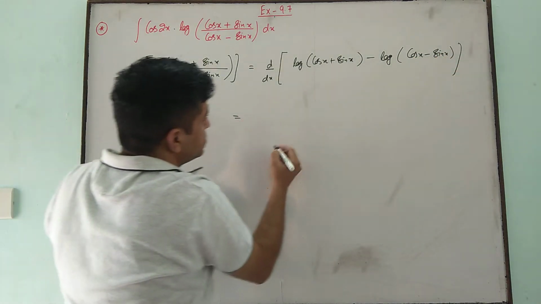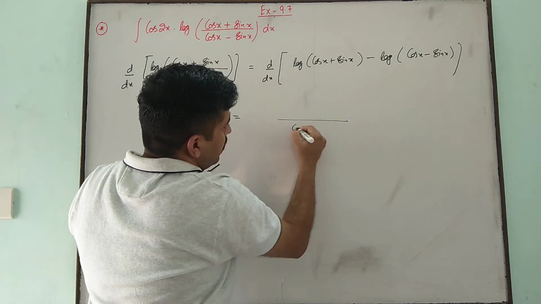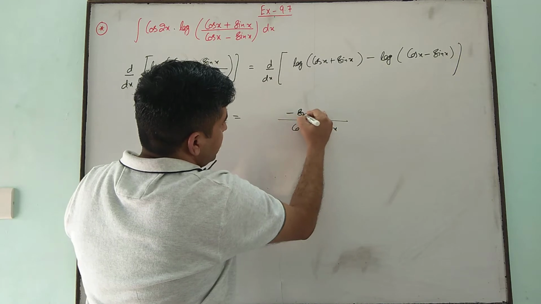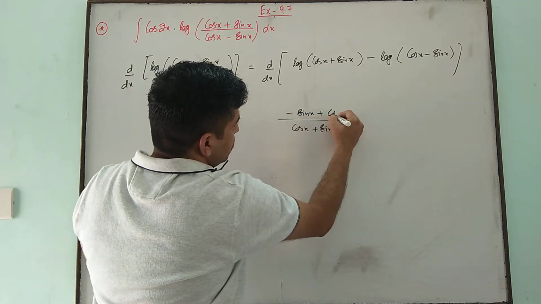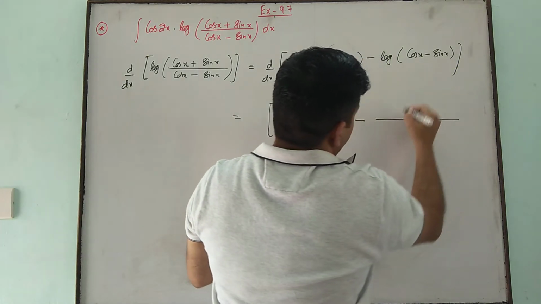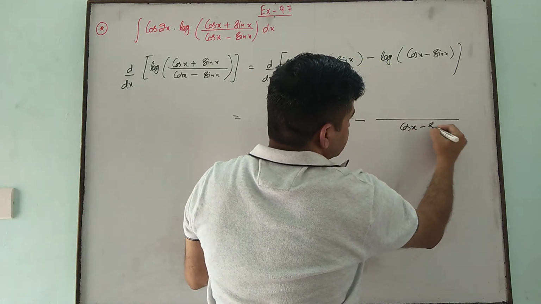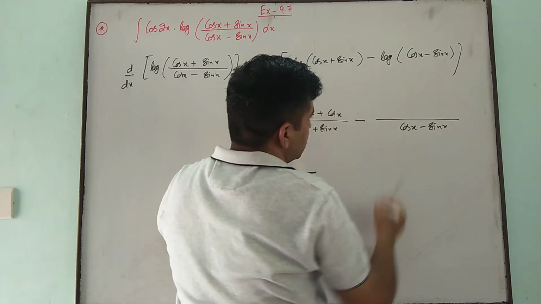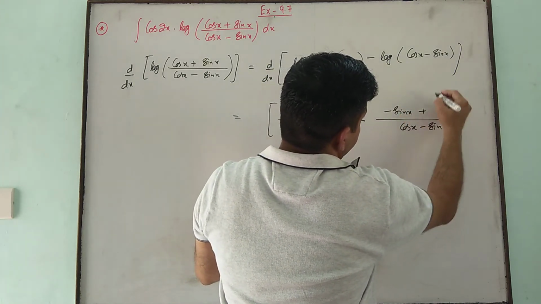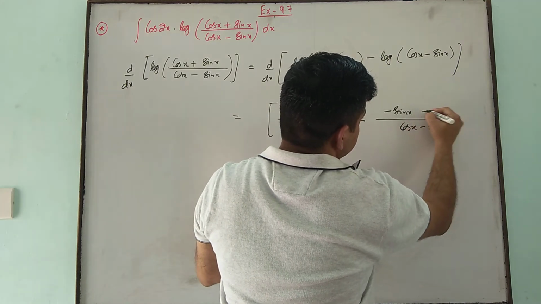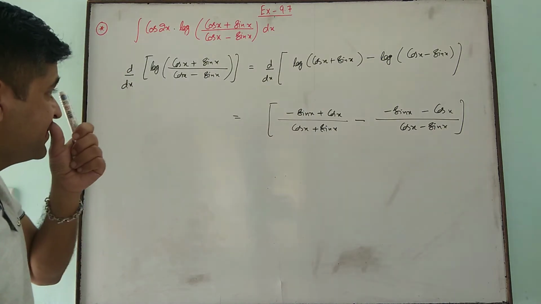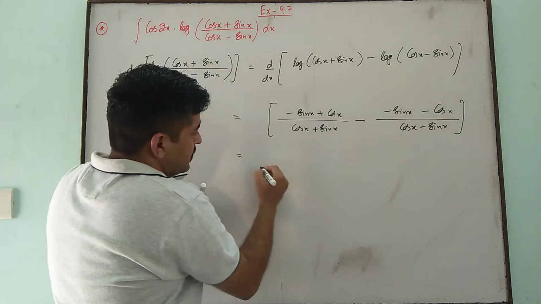Now just differentiate it: 1 upon (cos x plus sin x) times (minus sin x plus cos x), minus 1 upon (cos x minus sin x) times (minus sin x minus cos x). Right?